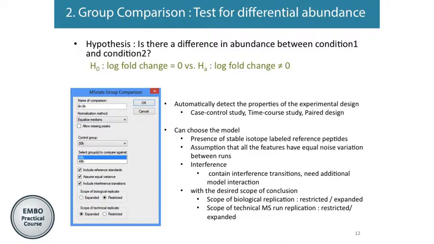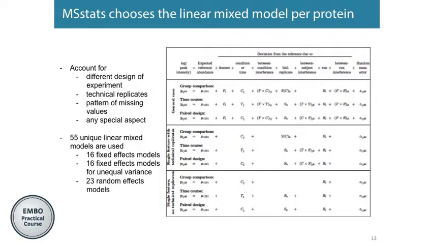And then what MSstats actually does is automatically distinguish what kind of model is suitable for your proteins. This is just a partial one. Actually, MSstats has like 55 unique different models depending on your experiment. I don't want to explain in more detail, but I just want to show the difference. For example, in the general cases, group comparison has this one, and time courses have a different one.